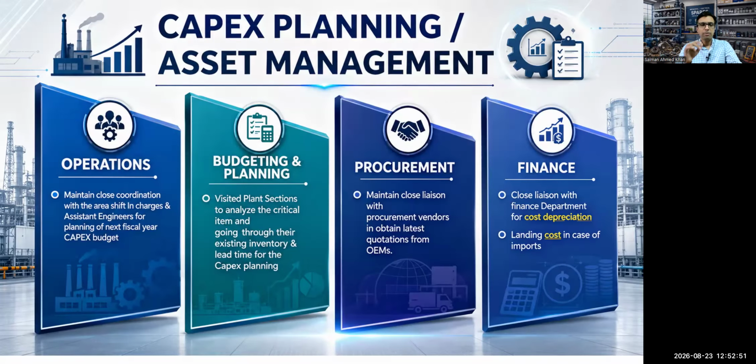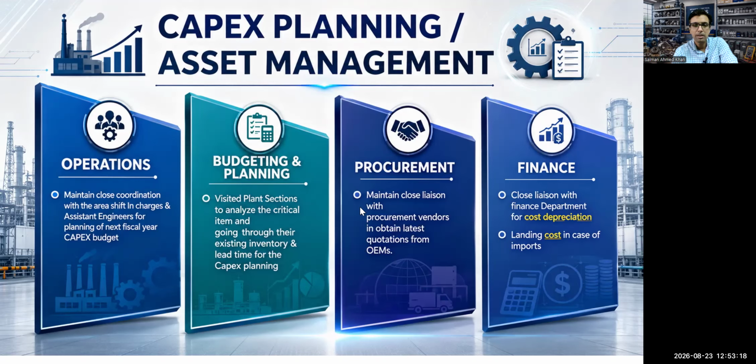In the spare planning, there are some assets as well. I have talked a lot in my previous video on budgeting planning regarding the assets, so I thought to add this slide again in this presentation: CapEx planning is very essential while you are doing spare planning or material management planning. In that, you need to maintain close coordination with the plant staff and the engineers.